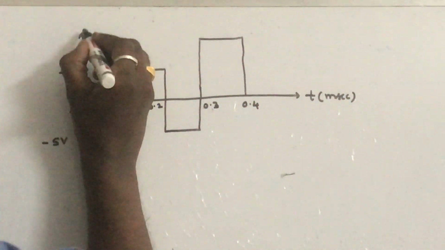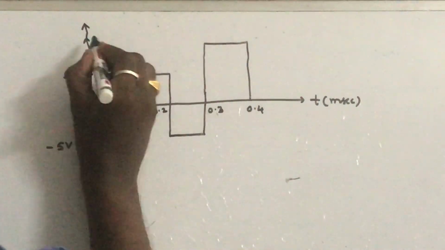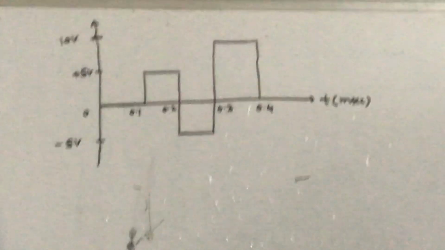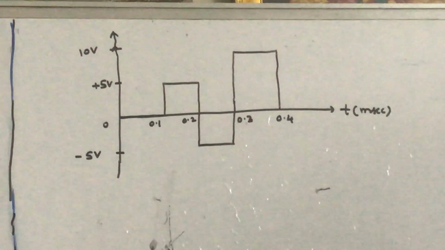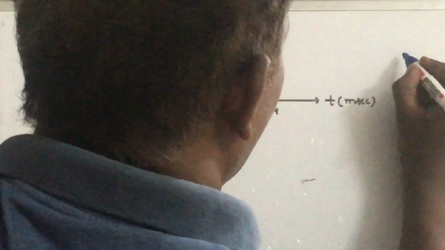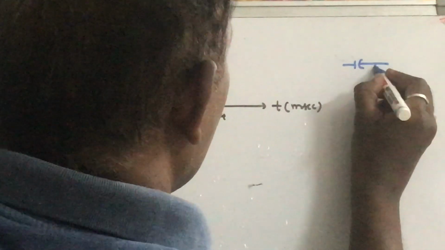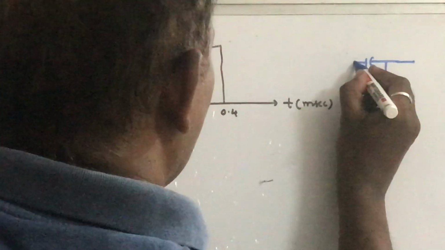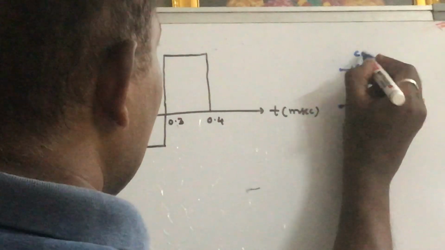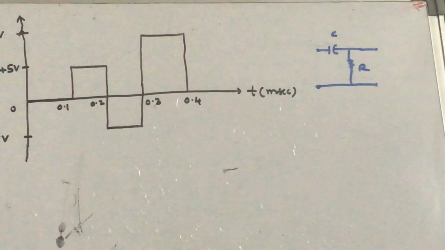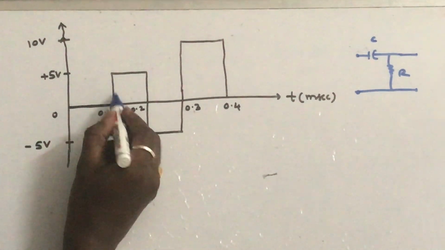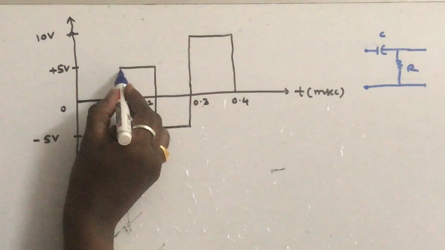This is the scale given, and this amplitude is 10 volts. This kind of input is given to our circuit, which is a capacitor and resistor, the high pass circuit. Now at time t equal to 0.1, the input voltage is 5 volts.